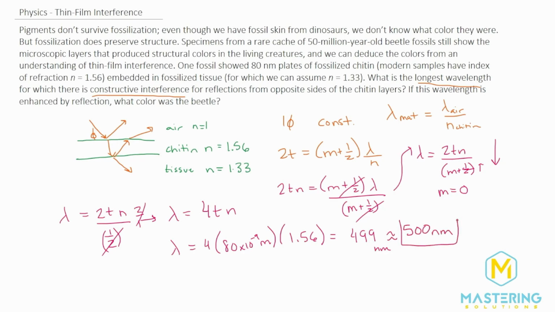So that is the longest possible wavelength. And then they say for that wavelength, if that were to give us reflection for a color, what color would that be? So when we look on the color spectrum, 500 gives us a blue-green color.